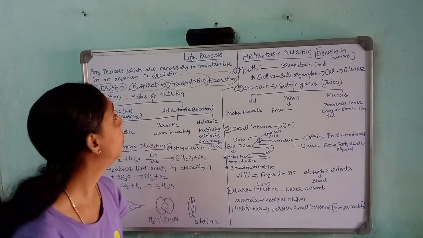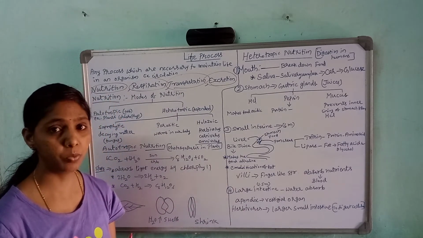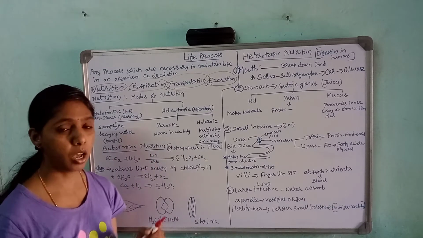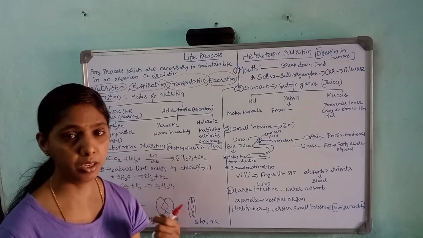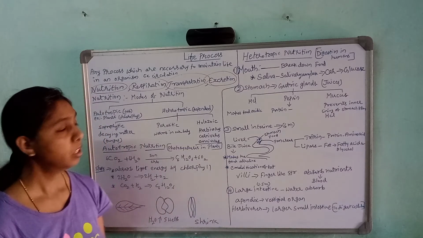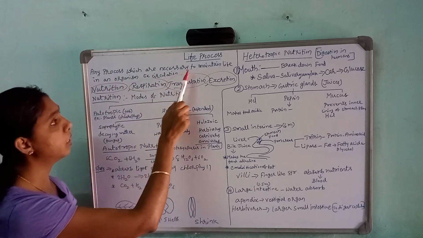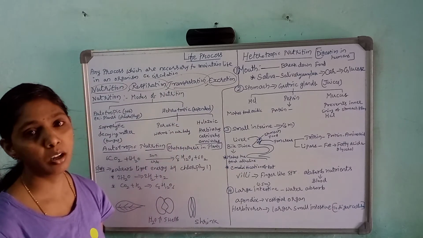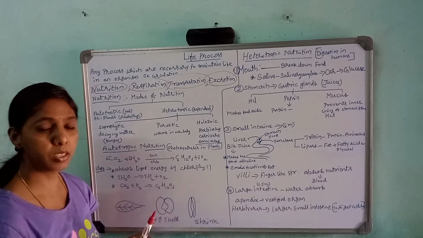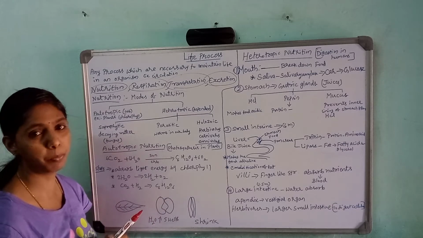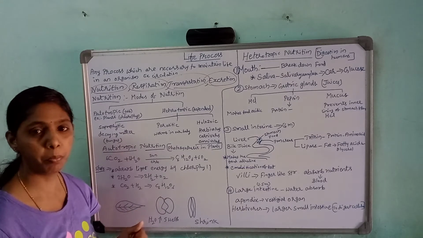Any process which is necessary to maintain the life in an organism is called life process. Our life exists with the many types of processes which occur in our body. That is the meaning of life process. Examples are circulation and excretion.